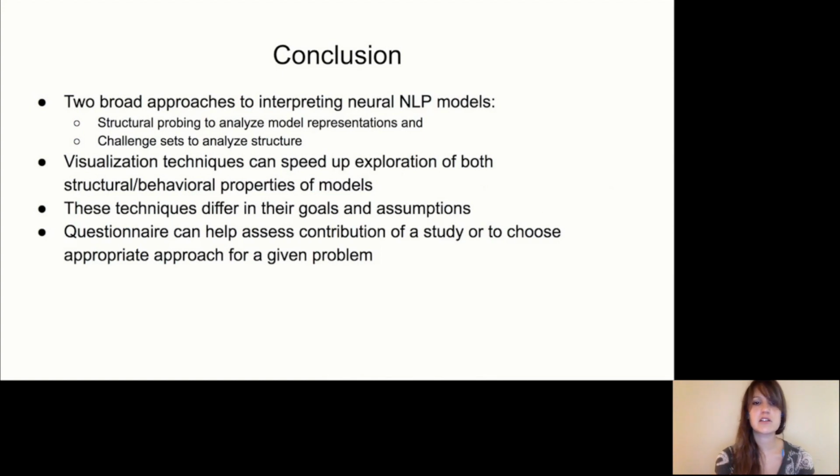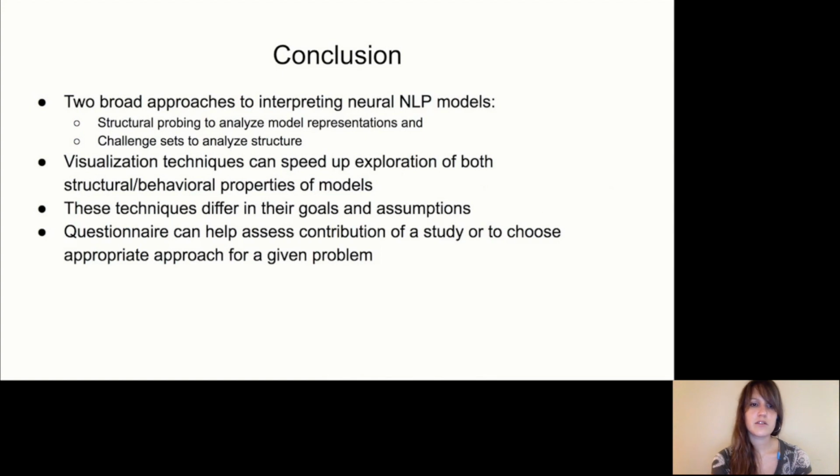So as we've emphasized throughout, the techniques all differ quite a bit in terms of their goals, what we're trying to analyze and what we're trying to conclude, and also assumptions about the peculiarities of the models that we're analyzing, or the structure of the phenomena we're interested in.